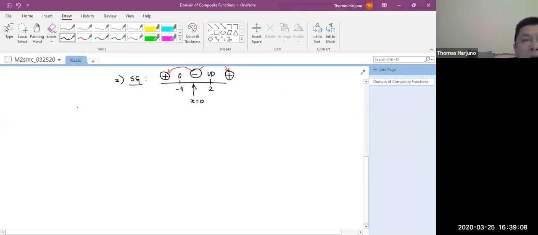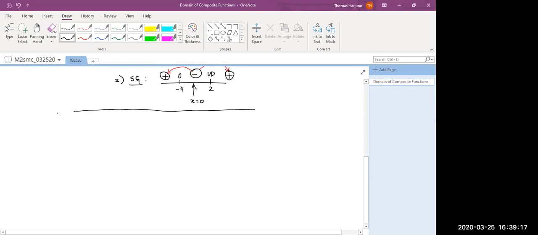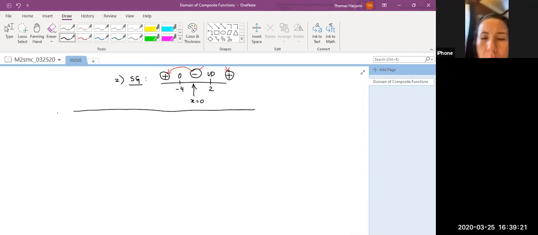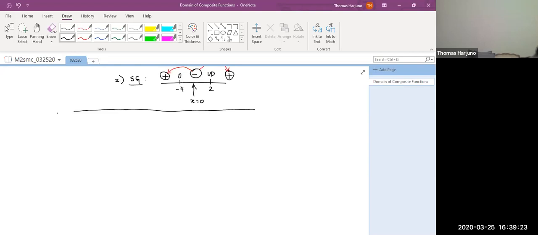Now, how about composite functions? Let's say I pick questions from our book. Let's say we do number 34. I somehow think this is a question I asked you to do in class. 2.7. Is it the one?